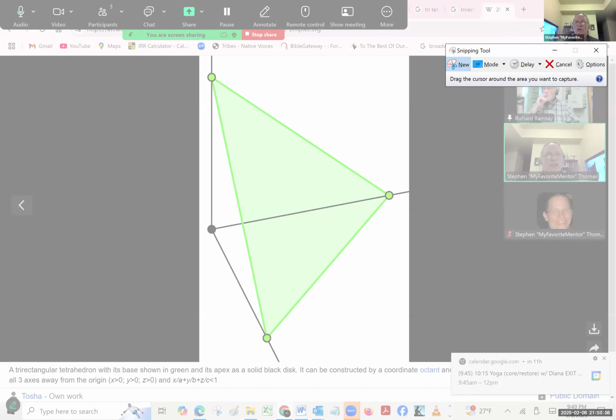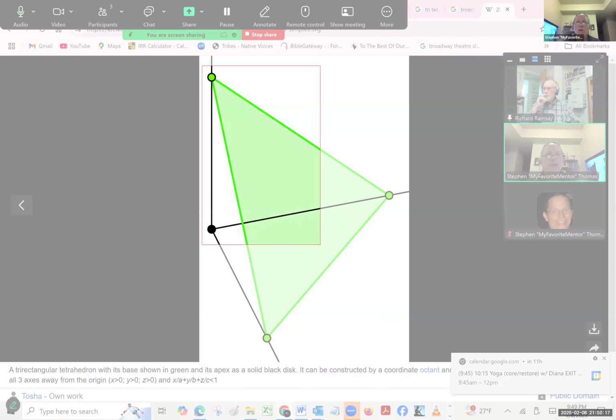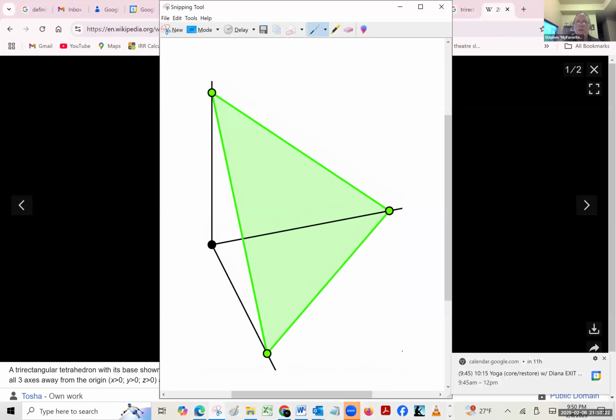My eyesight is only so good that I can see 2 inches up on Y or on Z. I see 2 inches out on X and I see 2 inches out on Y. So the black dot becomes the observer and the green dots become the extensions of X, Y, Z. And the three of those faces are exactly the same size at 90-degree angles, and the green space is different. That's called a tri-rectangular tetrahedron right there.